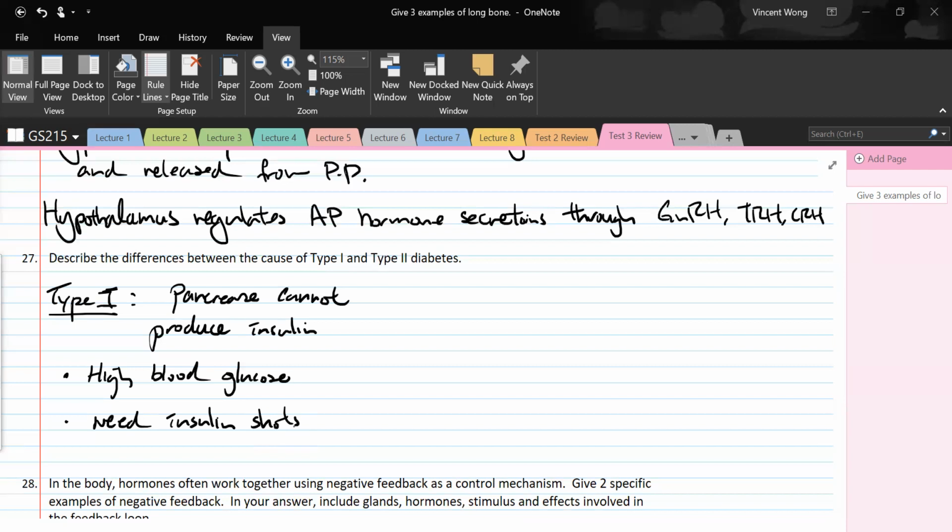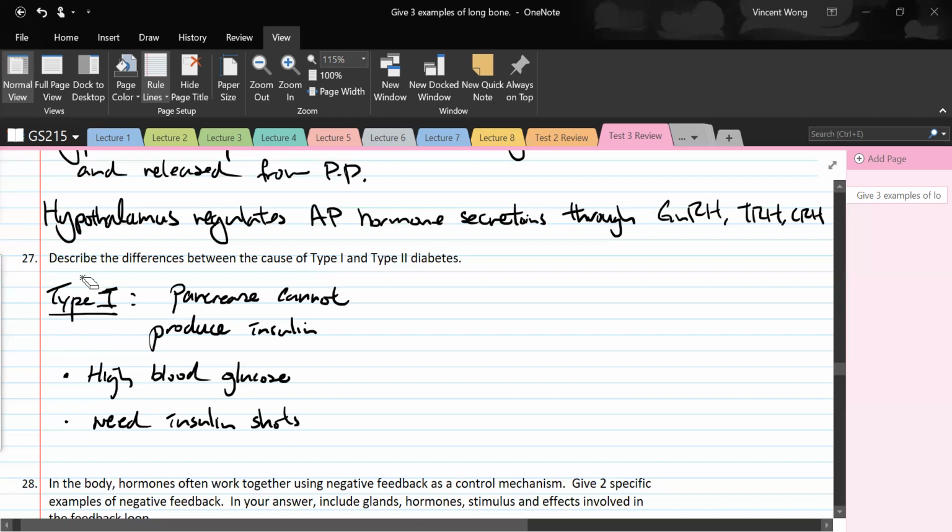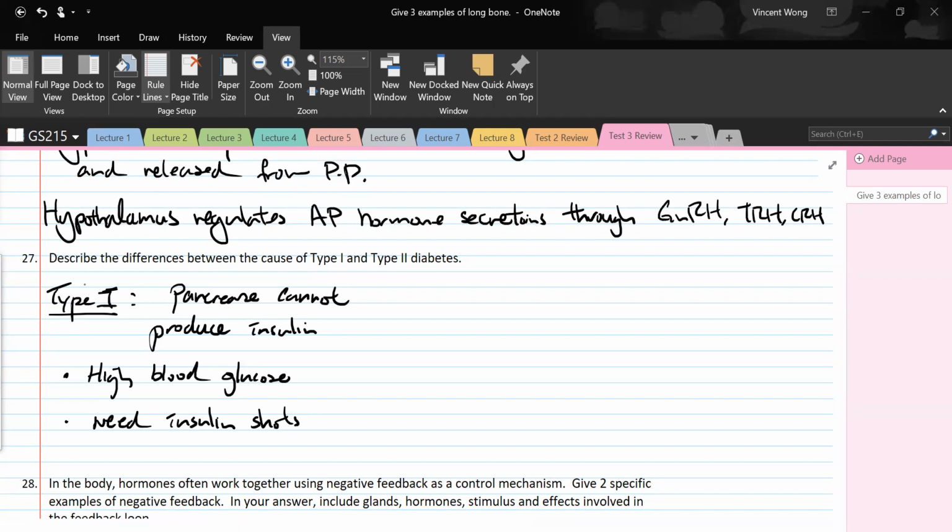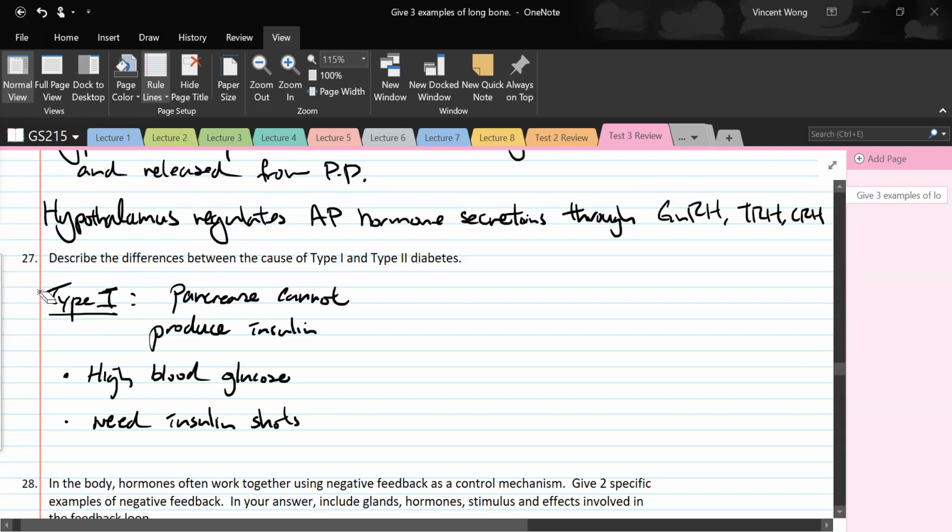But that's not going to help because burning those fuels will further increase the glucose level in the bloodstream, and without the insulin, you still won't be able to absorb it. So this is usually common in kids, although sometimes it's possible to happen in adults as well.